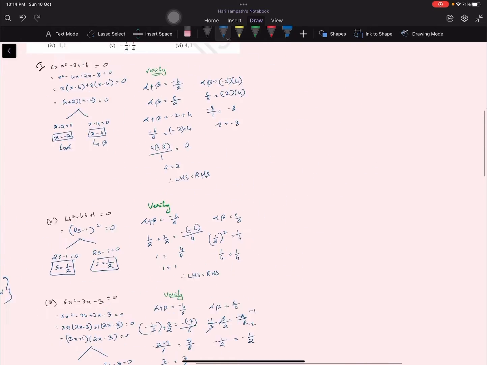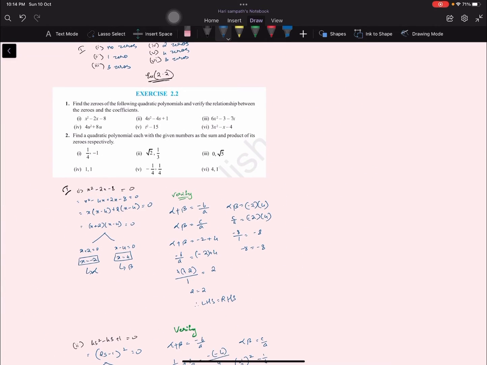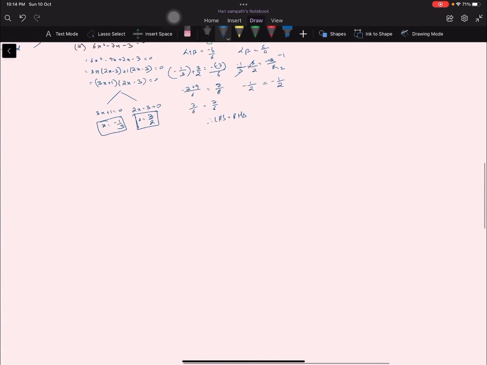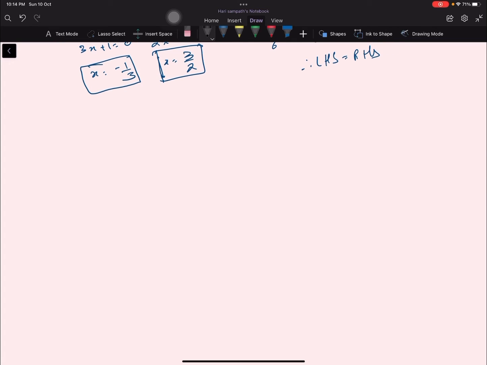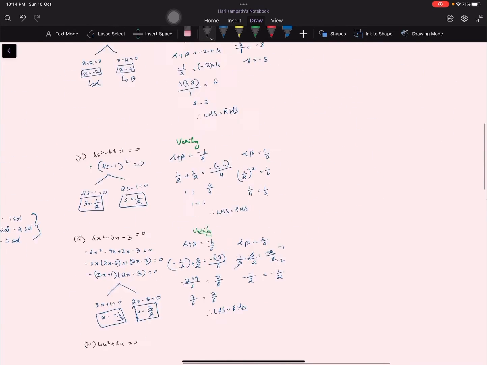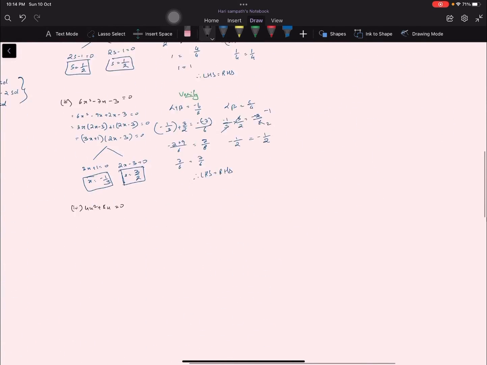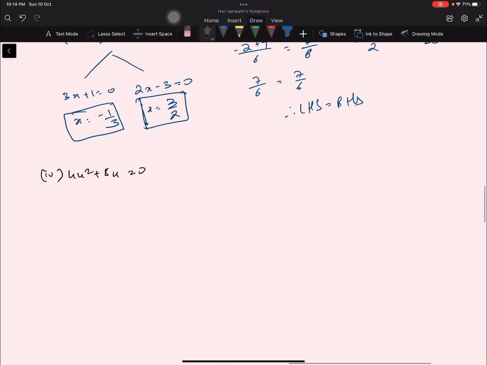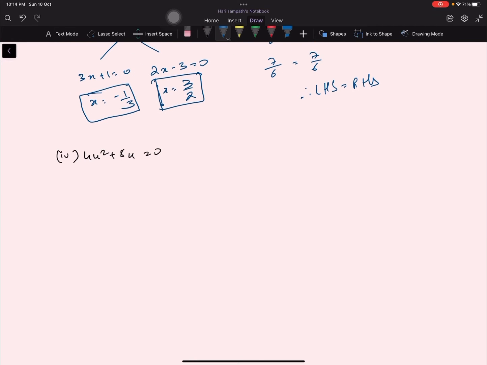Let's move on to the fourth sum. 4u square plus 8u. As you can see in this sum, there is no c. So this is going to be very easy. We are going to take 4u as common.